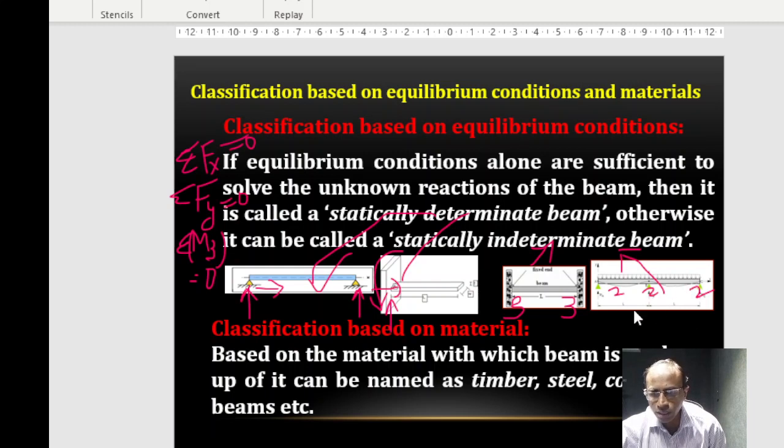Providing it is a general kind of loading, there are six unknowns and you have only three equations available. That also comes under indeterminate structure. So this is the classification of the beams based on the equilibrium conditions. That's the first part of our discussion: how to classify the beams based on supports, geometry, cross section, equilibrium conditions, and materials.